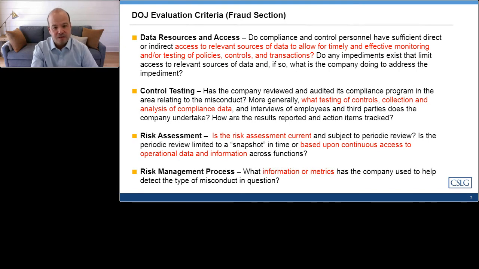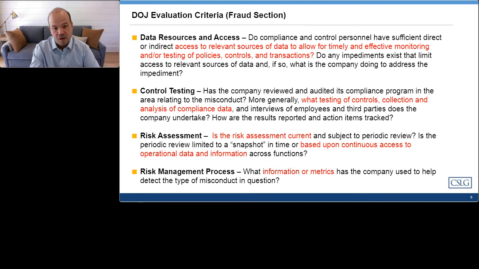This is reflected in the latest iteration that the fraud section came out with just last year on their criteria around questions that they're going to ask when they're evaluating a compliance program. And they are, for the first time, starting to throw out some very tangible questions related to data.